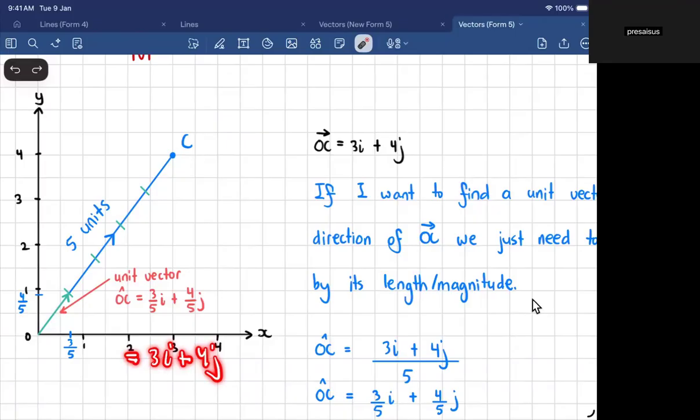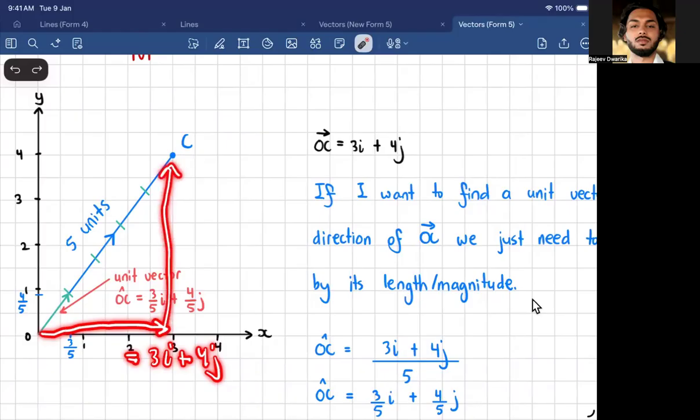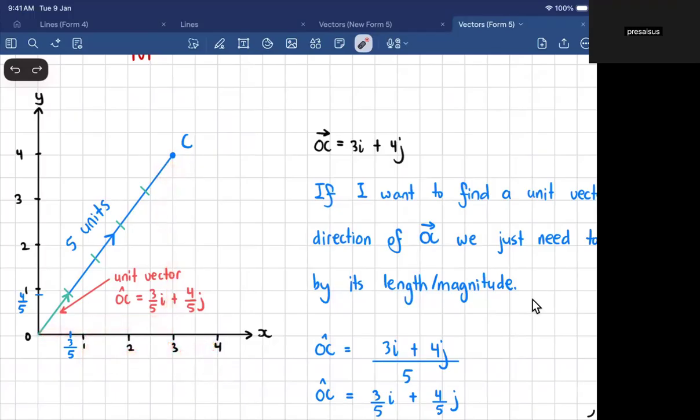If you go 3 units to the right and then 4 up, where would that take you? That'll take you to C. So that vector there is O to C. I think I'm overthinking it a little too much.